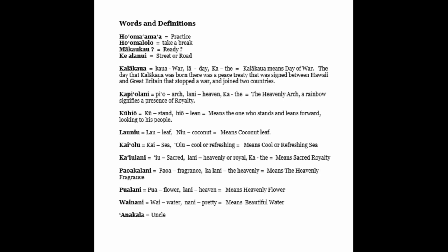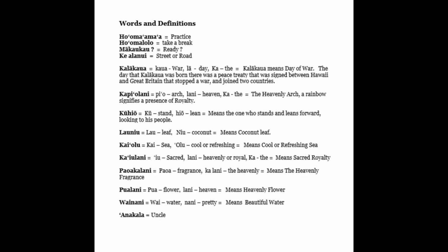So let's go over some names and their meanings. Kalākaua. You remember King Kalākaua. Kaua means war. Lā is day. So Kalākaua means the day of war.